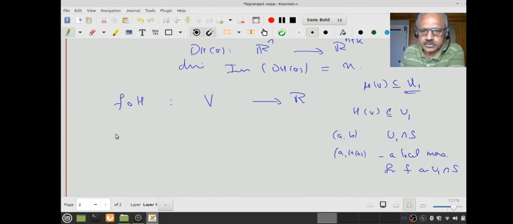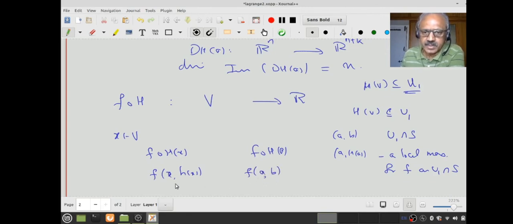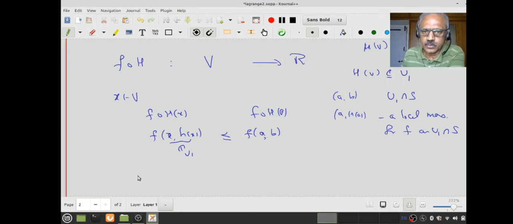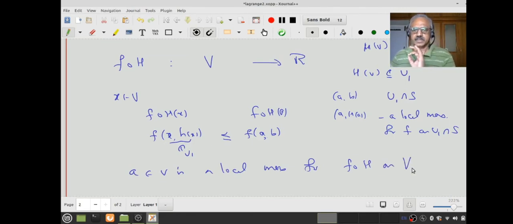Therefore, it follows, for every x in b, f of x comma h of x is going to be less than or equal to f of a comma b, which is f of a comma h of a, since x comma h of x is going to lie in u1. You follow that? Therefore, what have we concluded? a in V is a local maximum for f composite h on V. Is that clear? Keep that in mind.